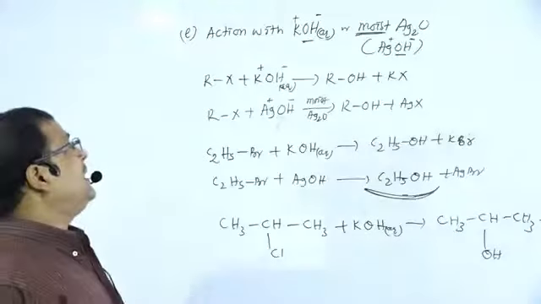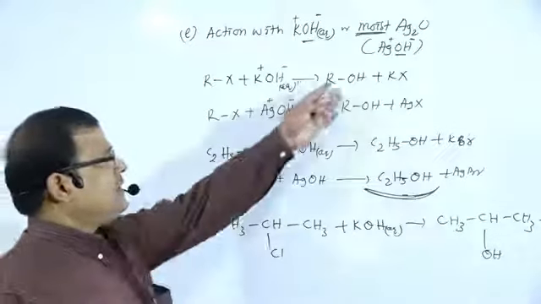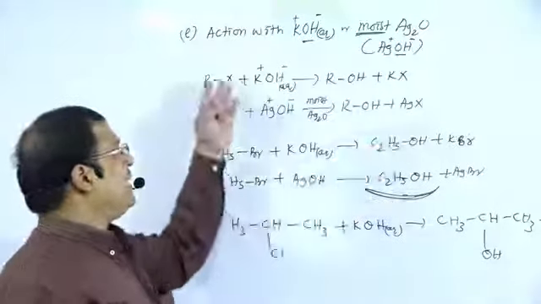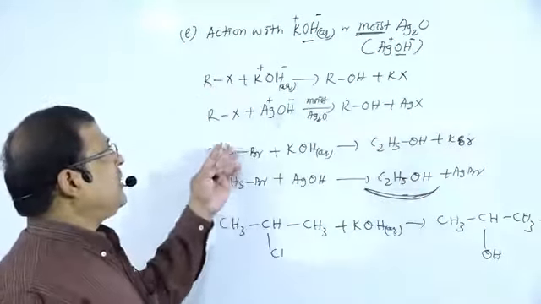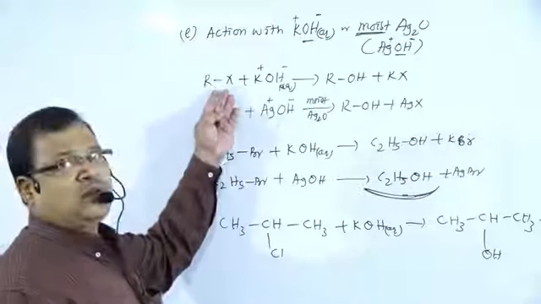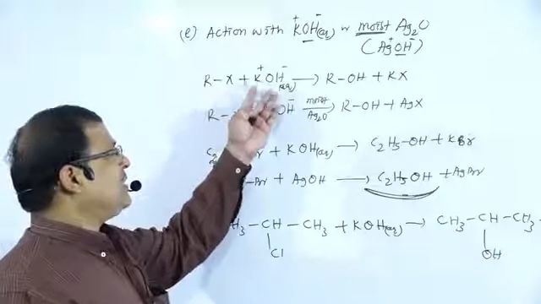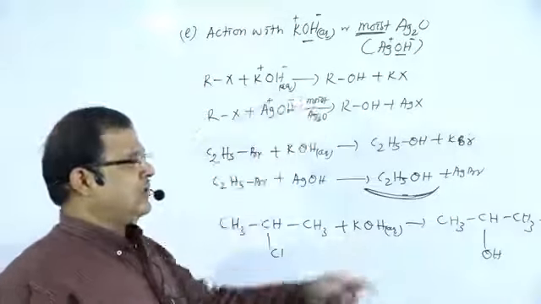So this is regarding the methods of preparation of alcohols from alkyl halide, or the property of alkyl halide, nucleophilic substitution reactions, alkyl halide with KOH or moist Ag2O to form alcohols.